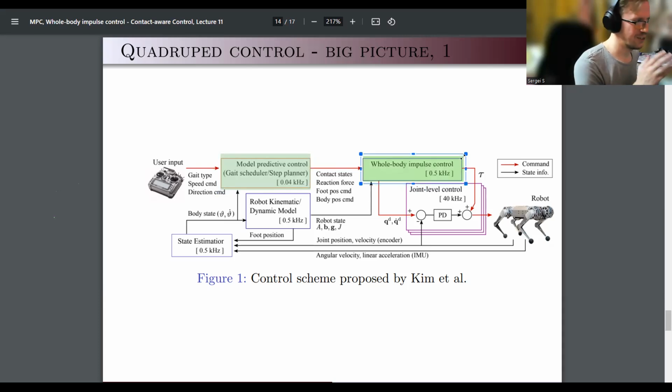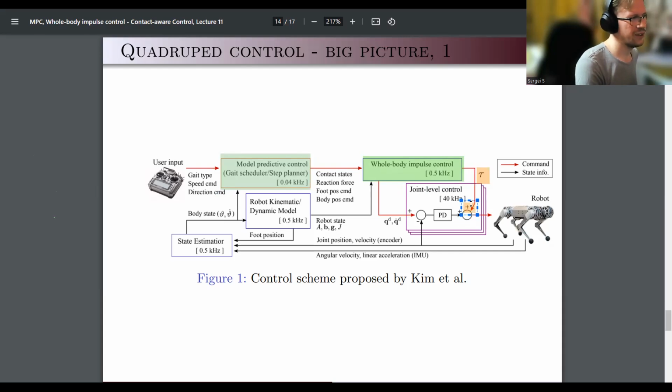That's what we discussed today. Now, that produces torques. Torques, tau, can then be fed into a PID control as a feed forward.